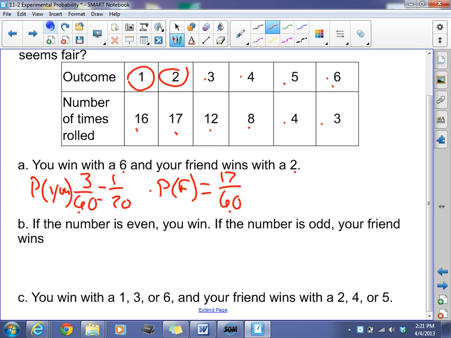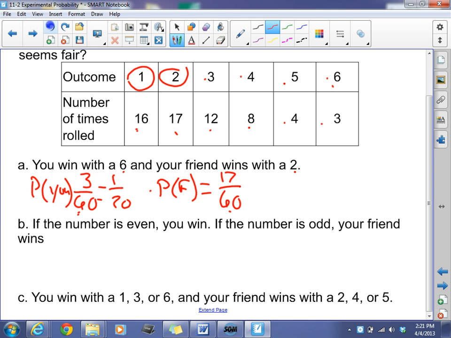That's not a fair game. The probability is not the same. That's what makes a game fair, if the probability is the same. This is not a fair game, because the probability for you winning is 3 out of 60. The probability of your friend winning is going to be 17 out of 60. So that's unfair.